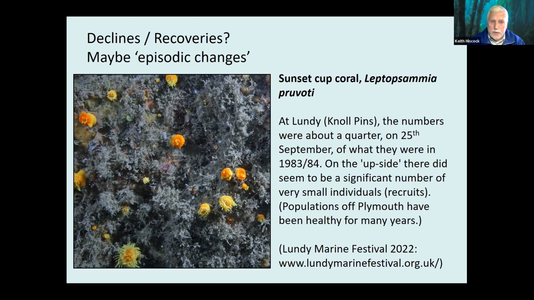And the abundance of them, based on viewpoint photographs, is about a quarter of what it was in the mid-1980s. This is a nationally rare species. It's a biodiversity action plan species. Lundy is one of only about five locations where it's present in Great Britain.